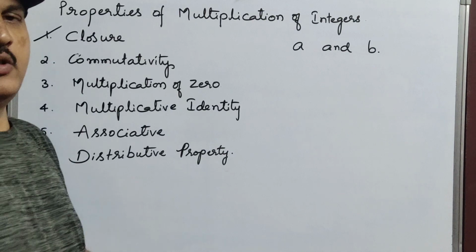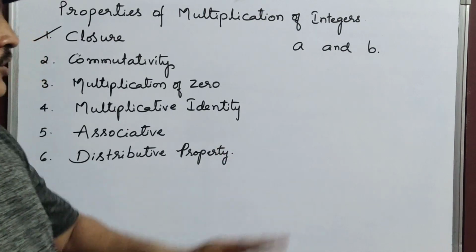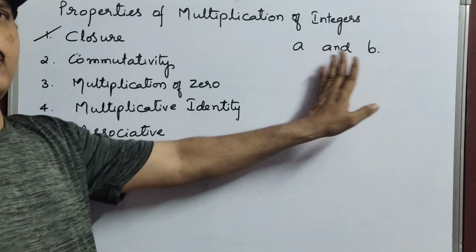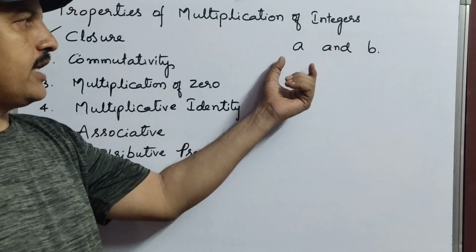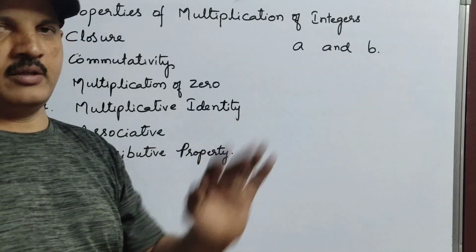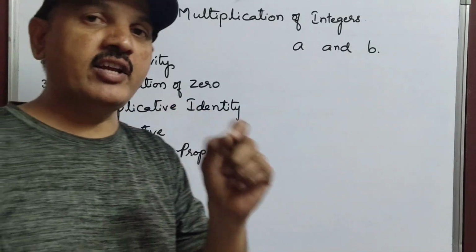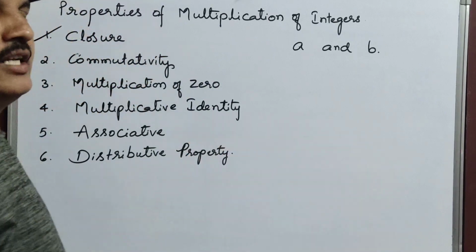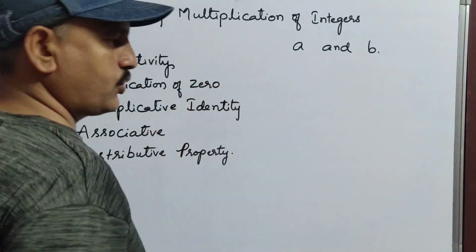We don't know how much A is and how much B is, but consider A as something and B as something. If I give an example, you will understand very clearly, but while writing the definition, we have to write it this way.